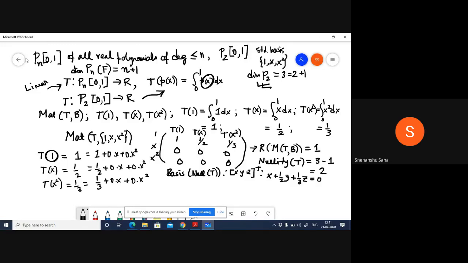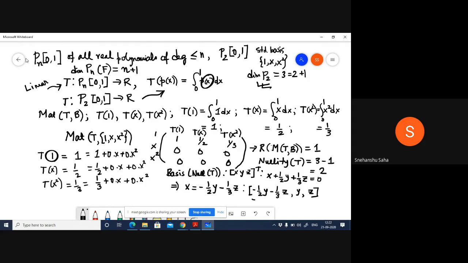Right? Now you have three variables here. You must have two free variables, right? So what I can do is rewrite this as x equal to minus 1/2 y minus 1/3 z. So your representation, which is x, y, z, I can now replace as minus 1/2 y minus 1/3 z, y, and z.